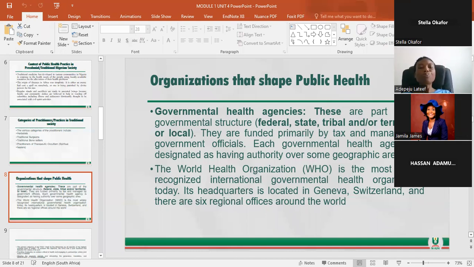Okay. So we look at organizations that shaped public health. Mainly, we have 3 organizations that shape public health. What are they? You have the federal, the state, and the local. But how is it divided? You understand that the governmental health agency is structured into 3. What and what are they? I just mentioned them now.